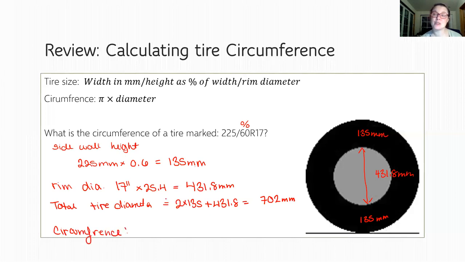One of the ways to find circumference is pi times the diameter. Or you could do 2 pi times the radius. You just have to make sure you calculate radius first. But pi times the diameter would give us pi times 702 millimeters, which will give us 2,205 millimeters, which is approximately 2.2 meters. So every turn of that 17-inch tire, I'm going to go 2.2 meters.